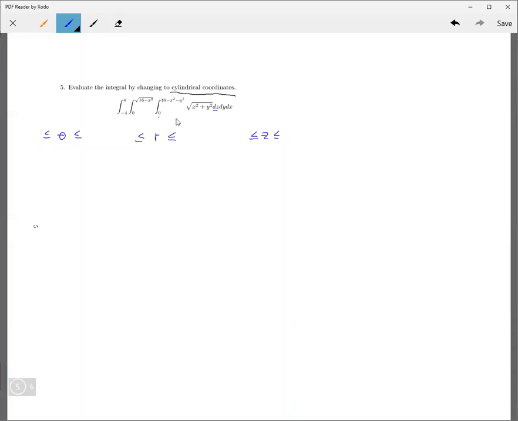So the lower limit in z is already 0. What's the upper limit?